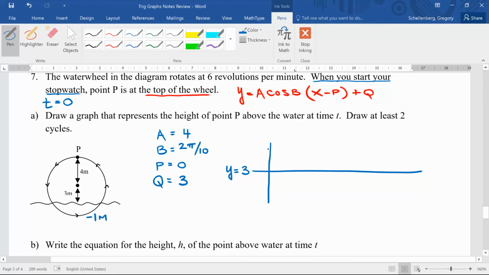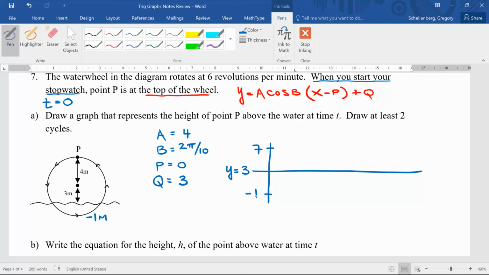Now our max value, we're going to add the amplitude, so 3 plus 4, we get 7. And our min value, we're subtracting the amplitude, 3 minus 4, we get -1. So again, what does that -1 represent? That means we've gone 1 meter below the surface of the water.